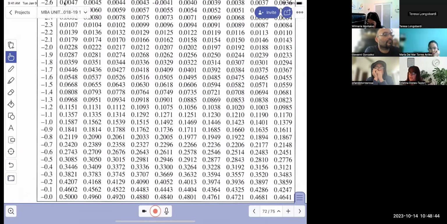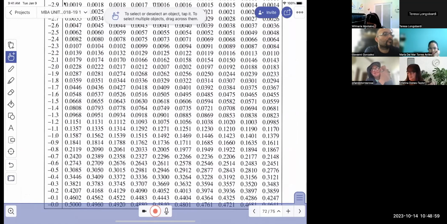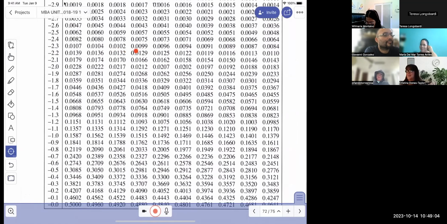So isn't it 0.4960? 0.01 is between here and here. See? Oh, okay, I got it. We haven't done this for a while, but we're going to do it now. The closest one she picked was negative 2.33 right here. And if it were between two, then you would average the two. Exactly. So we got negative 2.33 on this table.